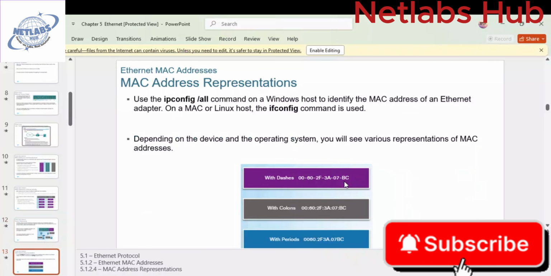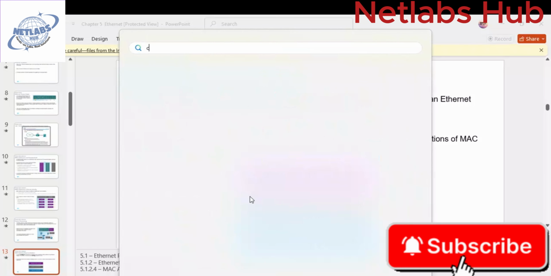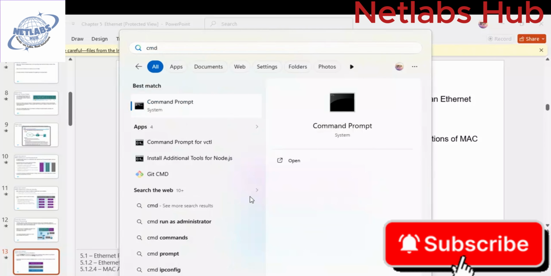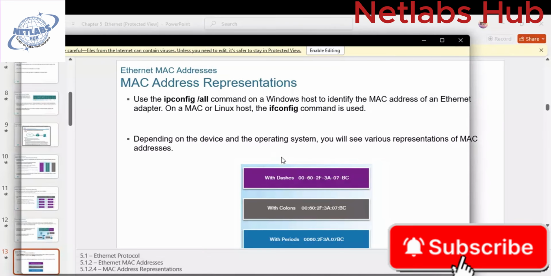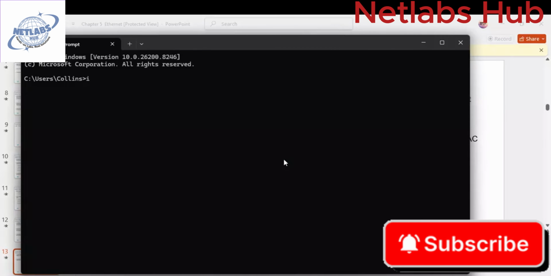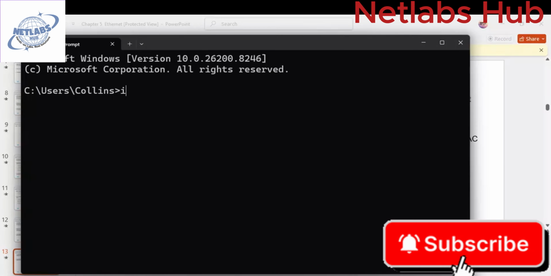So, MAC address representation. If you want to check how a MAC address is represented, we can check here. Let me zoom a bit. IP config.